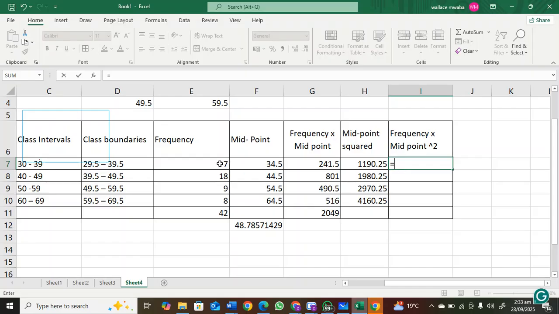So each frequency, we're multiplying it with the midpoint squared.